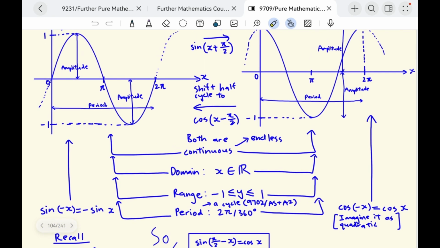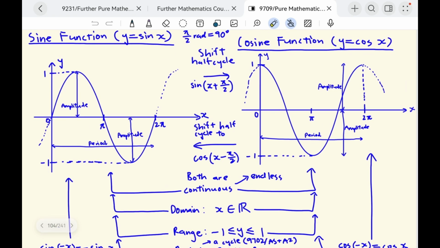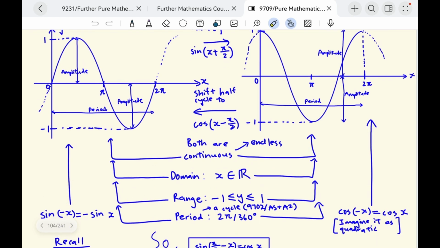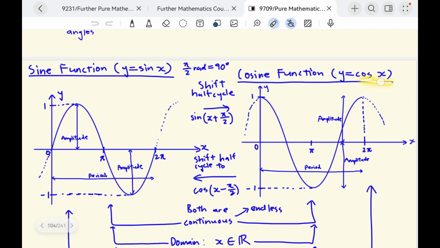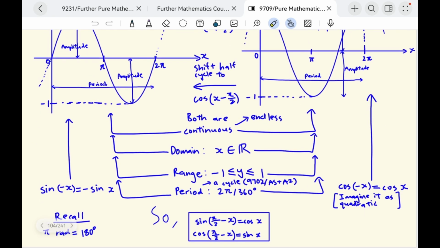So everyone is curious about why cos minus x equals cos x. Imagine that, as you see, this resembles the quadratic function, right? Why is this the case? It is because the cosine function consists of quadratic functions or higher polynomial functions.